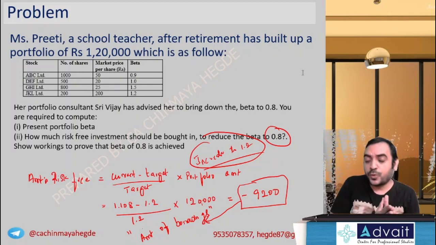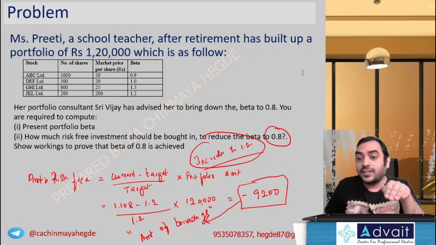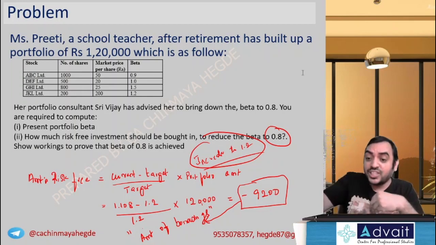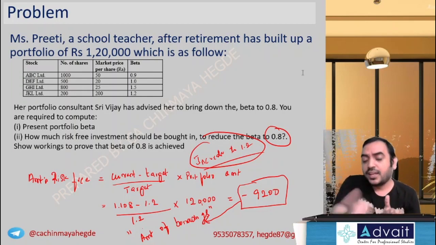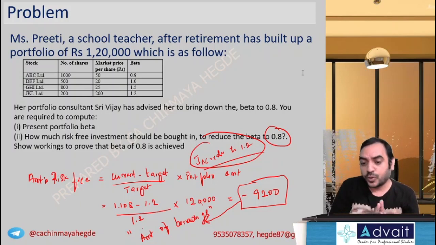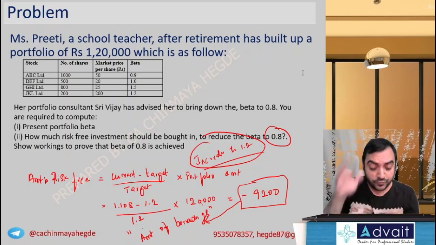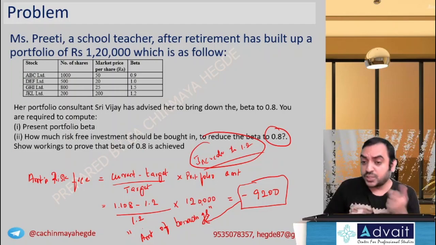Or the existing equity remains the same, your debt will increase, and the additional amount you borrow will be invested. Both interpretations are possible. Amounts will be slightly different to maintain the ratio. But my focus was on the negative part. Okay, they asked us to prove it.